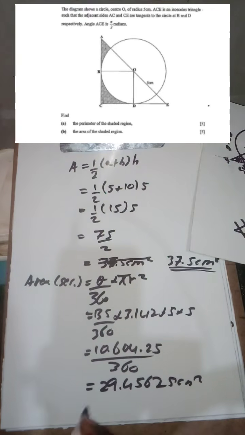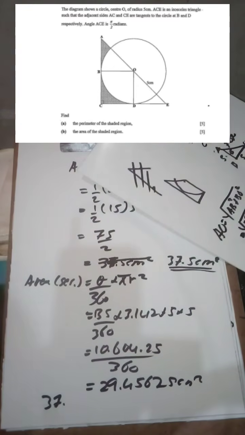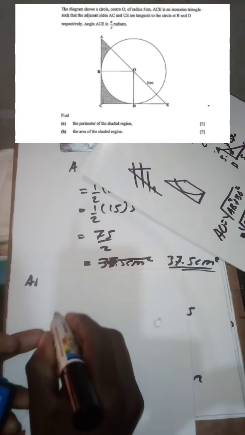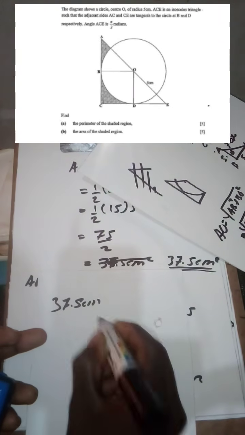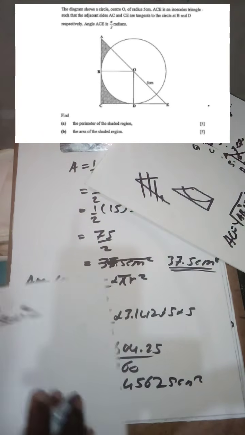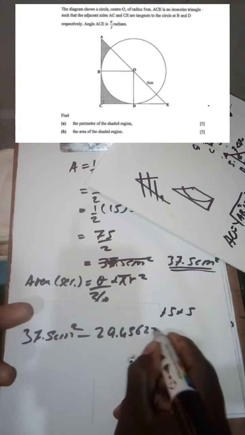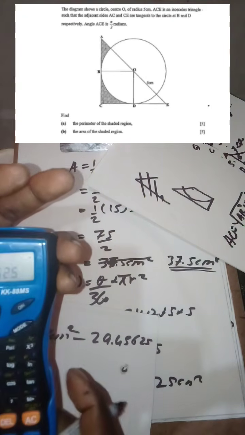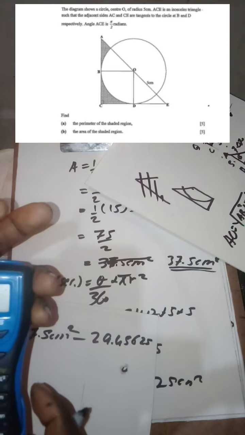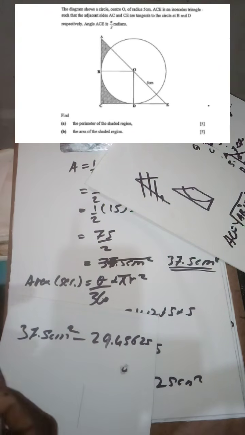So we say 37.5 centimeters squared, the area of the trapezium, minus 29.45625.